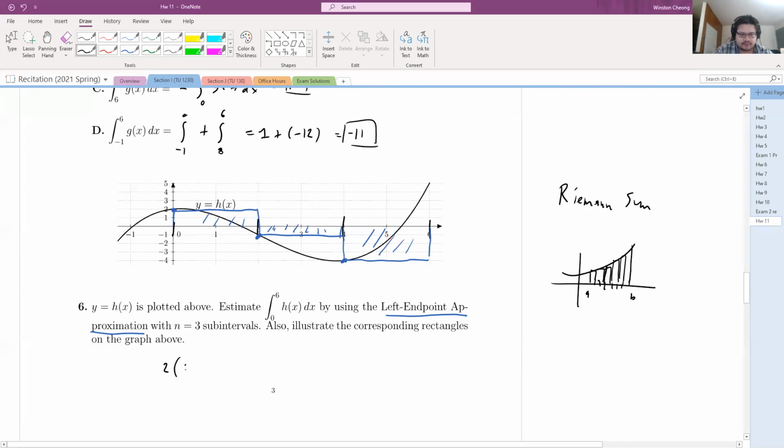We have a height of 2, a height of -1, and a height of -4. In general I would write it like that, but you could just not use those extra parentheses. So this is 2 times -5 -3... so we get -6 as our approximation.